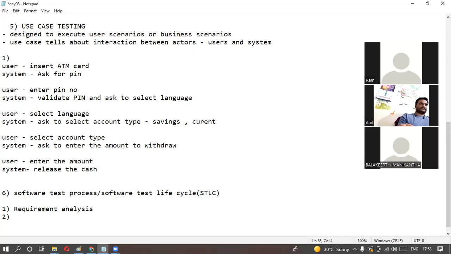What is the next phase? This is purely for testing. Test planning. What is the next phase? Test design or development. What is the next phase?